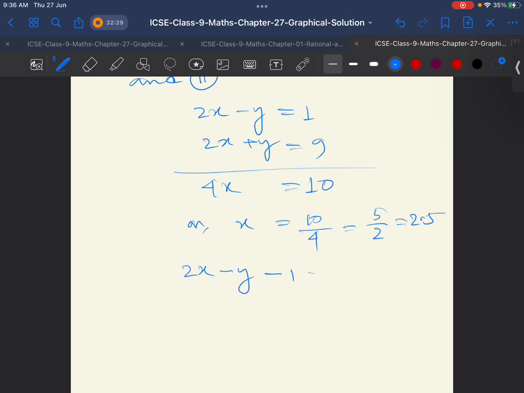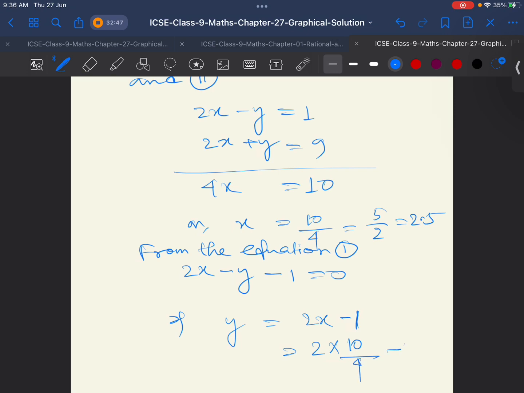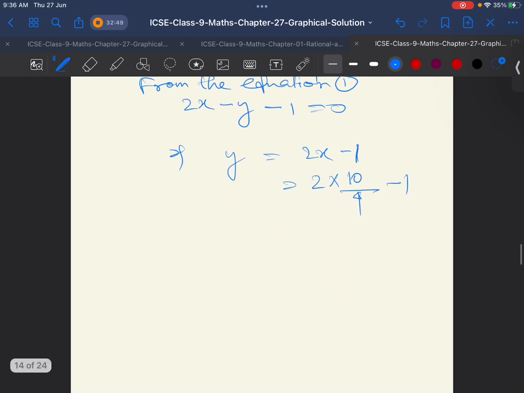Now the y value is 2x minus 1. Now we put 2 into 10 by 4 minus 1.